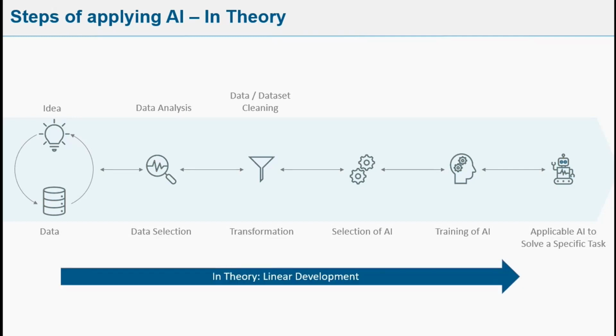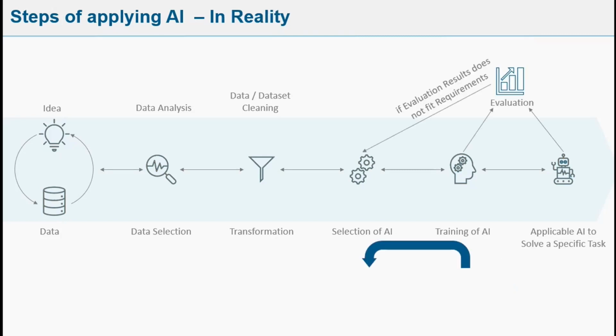In theory, this is a straight-line development. So in theory, you start over here and you come back. As we all know, we usually have the selection, the training, as well as the application of AI, and we need a lot of evaluation.